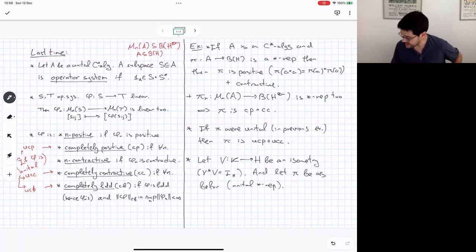And consider the following map. So let phi go from A to B of K, and phi of A will be V star pi of A V.